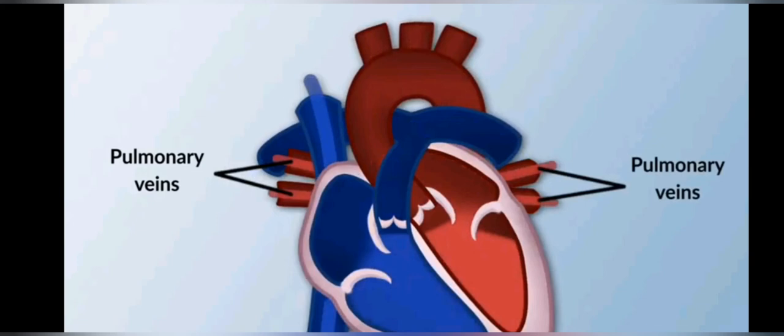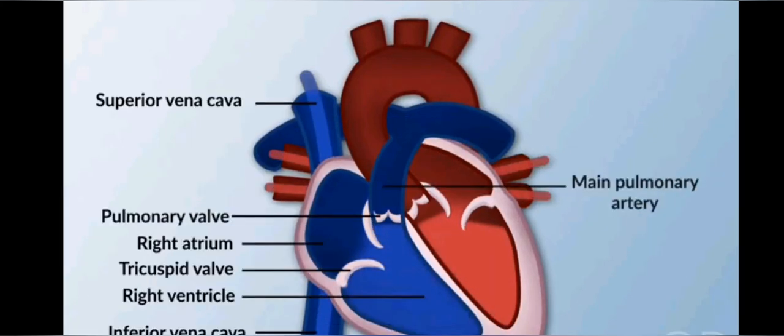When the left auricle contracts, the oxygenated blood goes into the left ventricle. On the contraction of the left ventricle, the oxygenated blood is pumped into the main artery called aorta, which branches into many arteries.